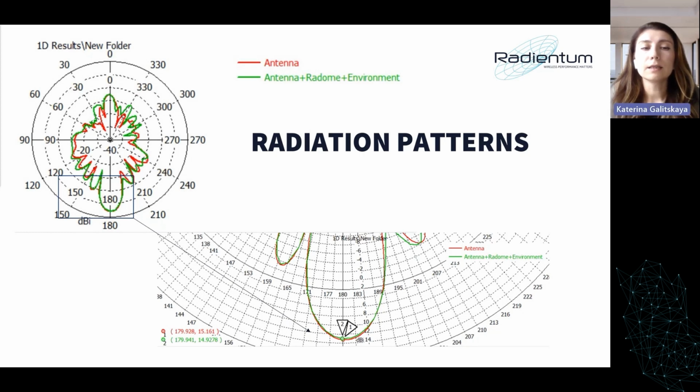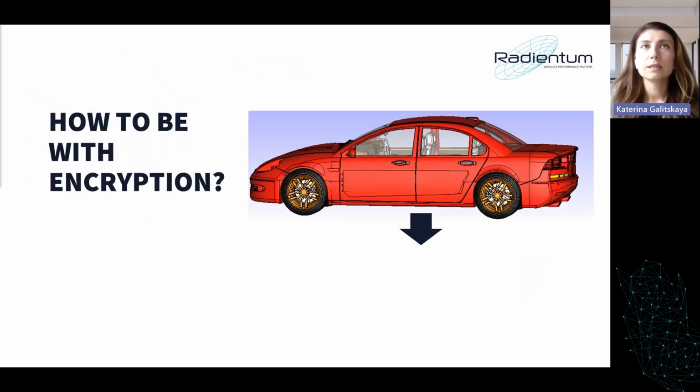And yeah, lastly, let's talk a bit about encryption. This is a bit of a different topic, but it's also very much connected to, of course, automotive and the hybrid solver. It's not unusual for automotive companies to use encrypted models, especially when working with third-party subcontractors.